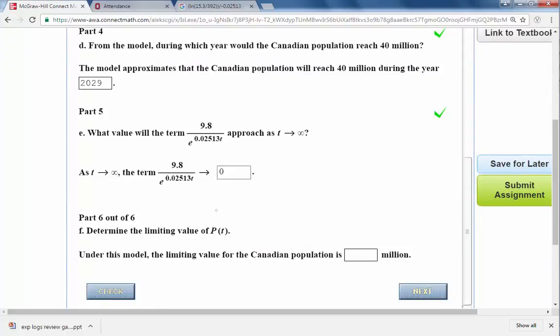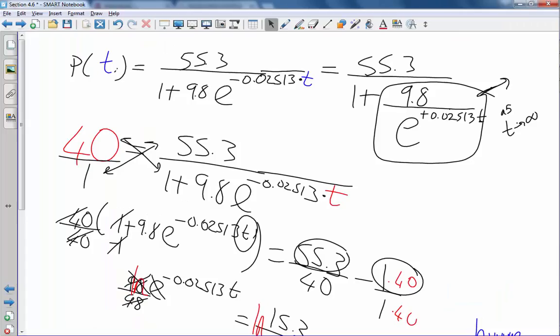Look, isn't it the same thing? Where did this go? It went to zero. So when time passes, this part becomes zero.